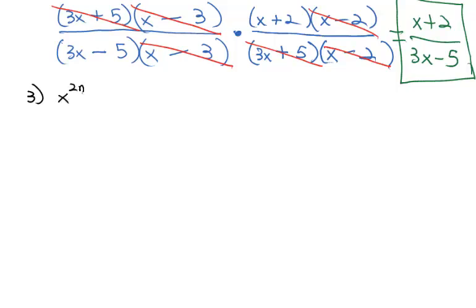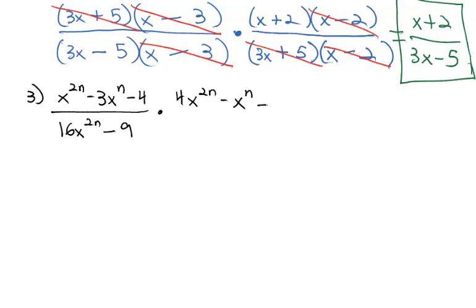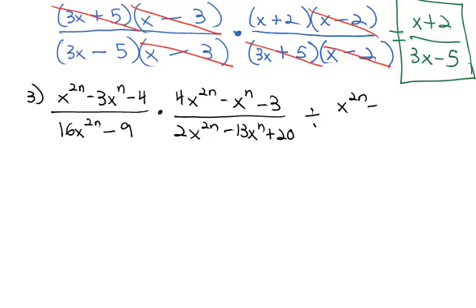If we have x to the 2n minus 3x to the n minus 4 over 16x to the 2n minus 9, times 4x to the 2n minus x to the n minus 3 over 2x to the 2n minus 13x to the n plus 20, divided by x to the 2n minus 1 all over 4x to the 2n minus 20x to the n plus 25.